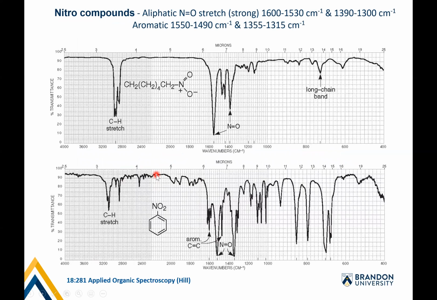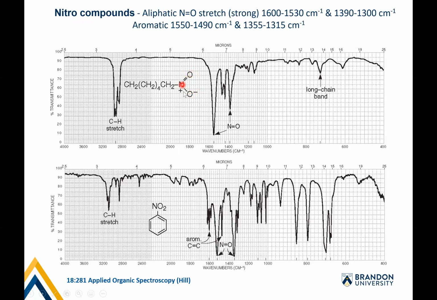Nitro compound. So another popular functional group we'll see a lot with regard to nitrogen. So remember this nitrogen, oxygen, this system is delocalized. So you've got resonance structures where we move these electrons here and then we'll move those pi electrons up.